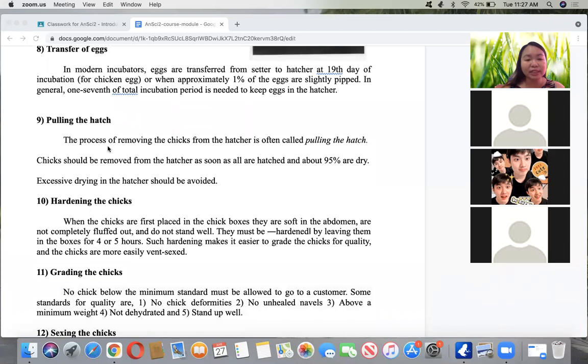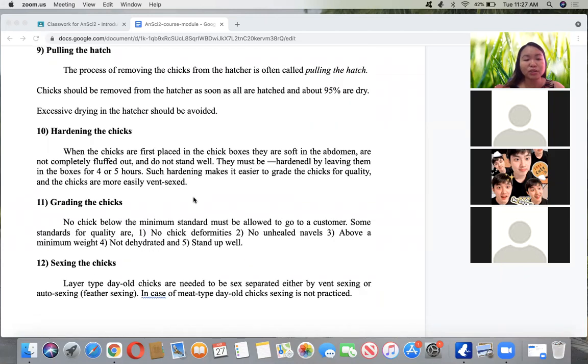So pulling the hatch is the next process of removing the chicks from the hatcher. So pag na-hatch na yung chicks, they should be removed from the hatcher as soon as all are hatched, about 95% dry siya dapat. But excessive drying in the hatcher should also be avoided.